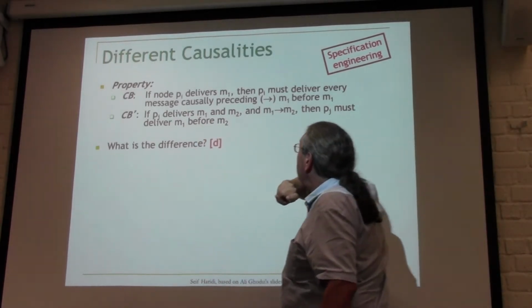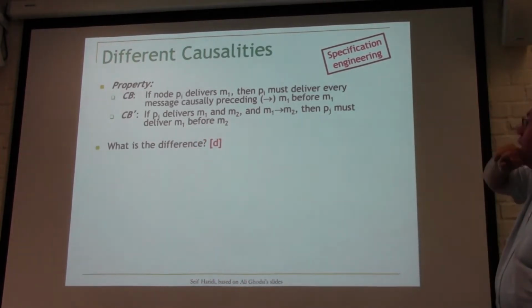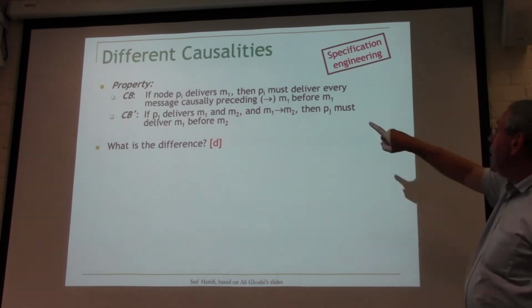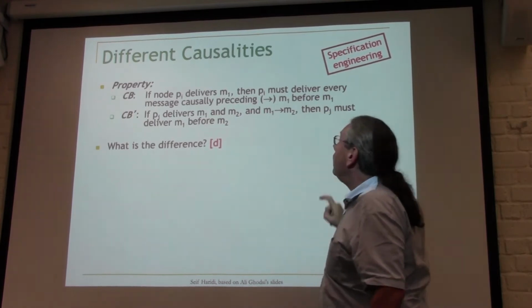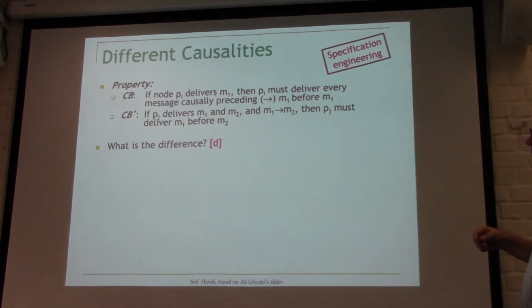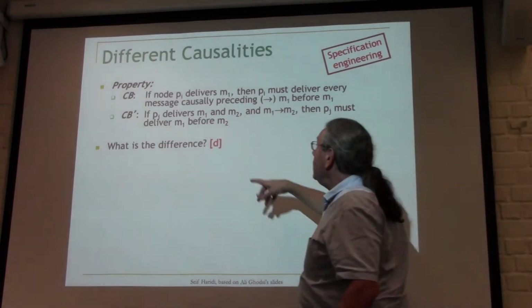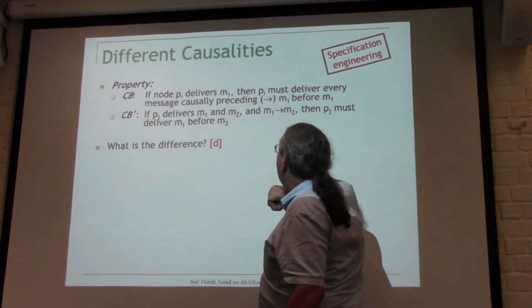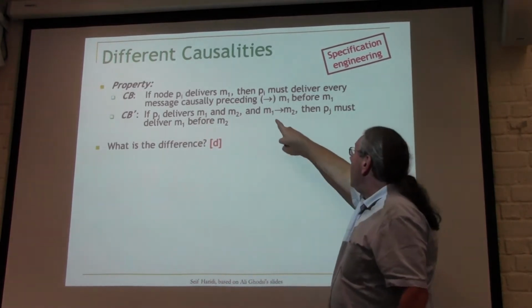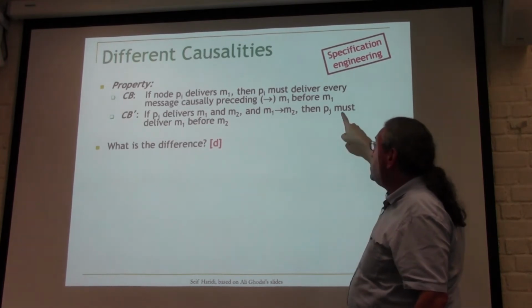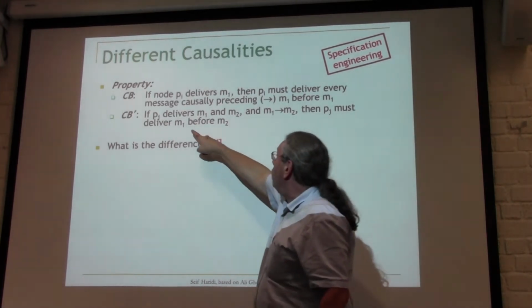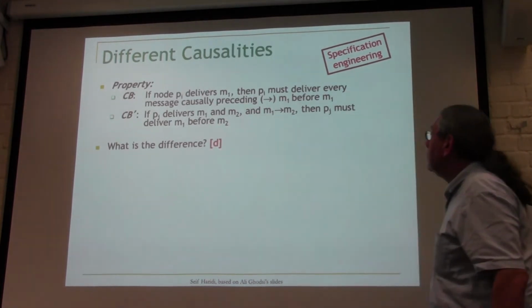CB is the property we had before. If Pi delivers M1, then Pi must deliver every message causally preceding M1 before M1. Okay? But I make a variation of this, CB prime. If Pj delivers M1 and M2, and M1 is causally preceding M2, then Pj must deliver M1 before M2.